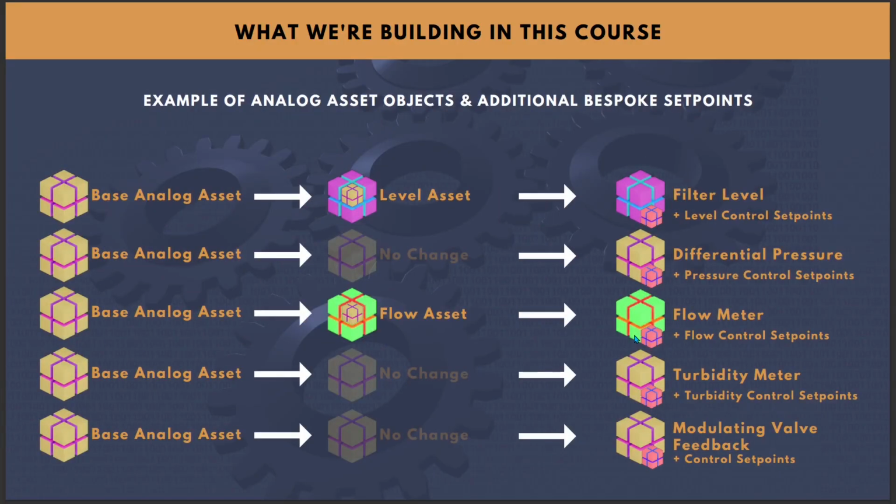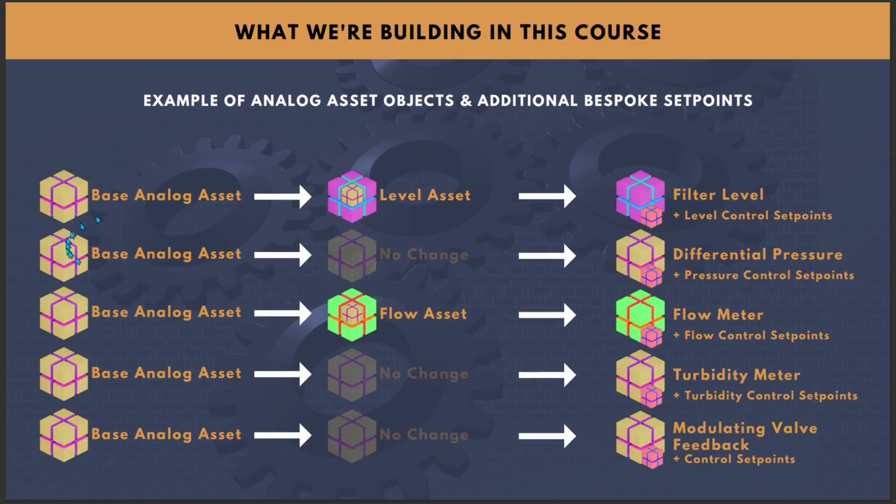So with a wider respect to how this comes together, we'll be looking at a hierarchical approach, where we include things such as a base analog asset, convert that to a level asset which encompasses the base analog asset, and that would be something like our filter level.